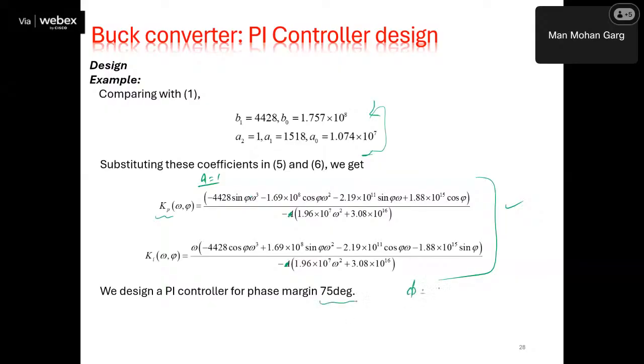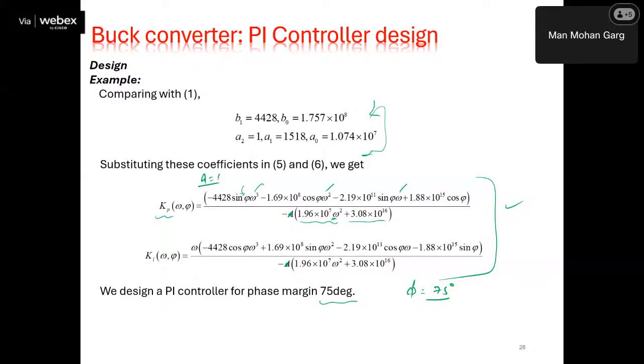The phase margin required is 75 degrees. If I put this 75 degrees over here, then this also becomes constant. Only omega cubed, omega squared, omega remain, and you put the value of omega, so this will be variable and this is constant.